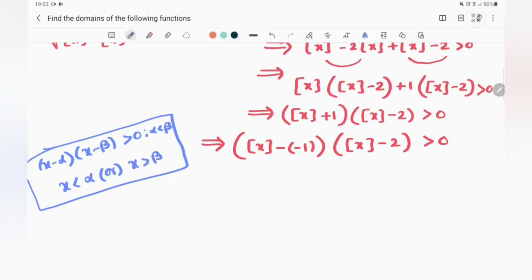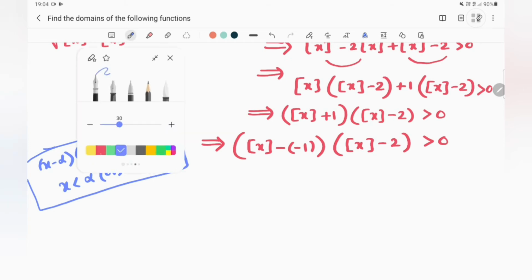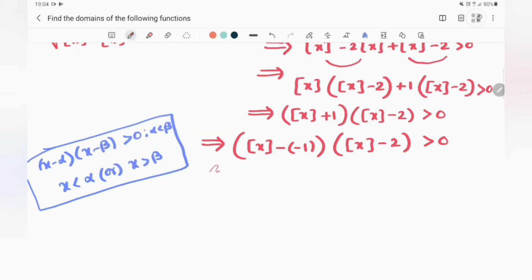So, by using this formula, this becomes [x] is less than minus 1 or [x] is greater than 2. Alpha value is minus 1, beta value is 2 here.